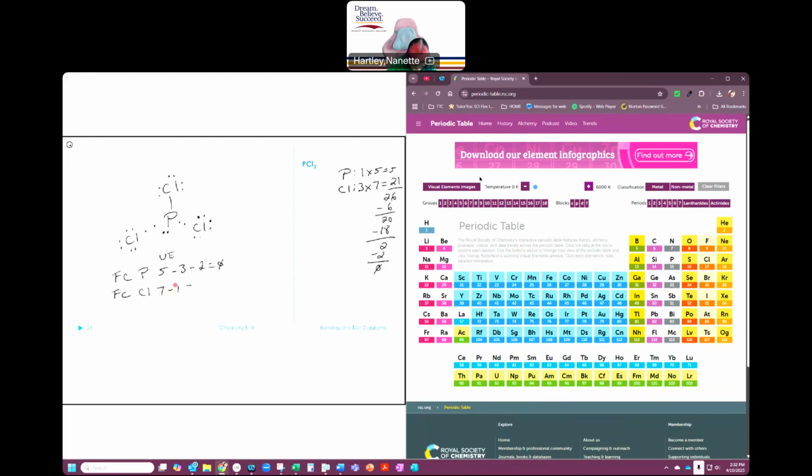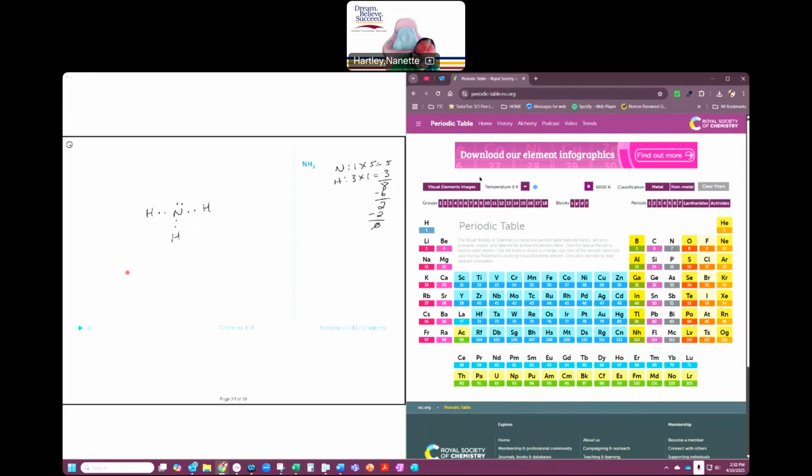When we talk about our chlorines, he gets 2, 4, 6. So each one of those is 0. So there's no formal charge in that molecule. Cool, we love that. We talk about our NH3. Nitrogen wants 5, hydrogen wants 1.